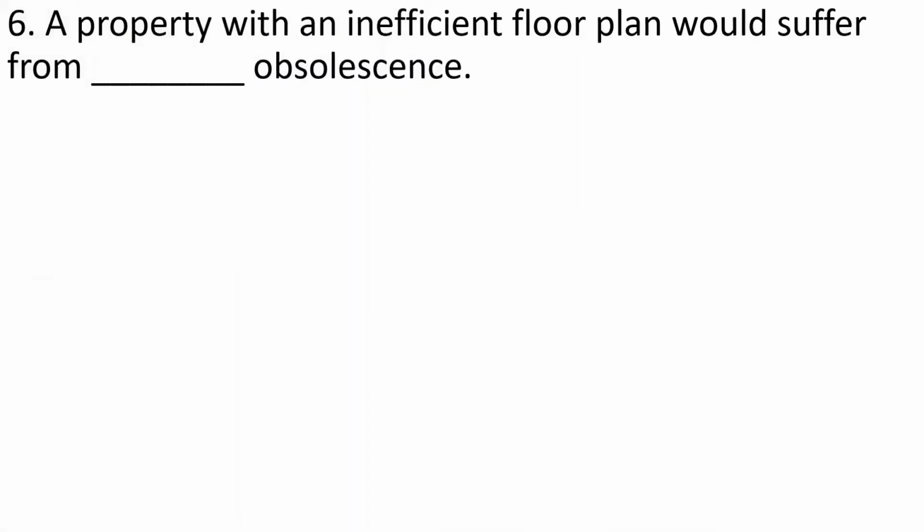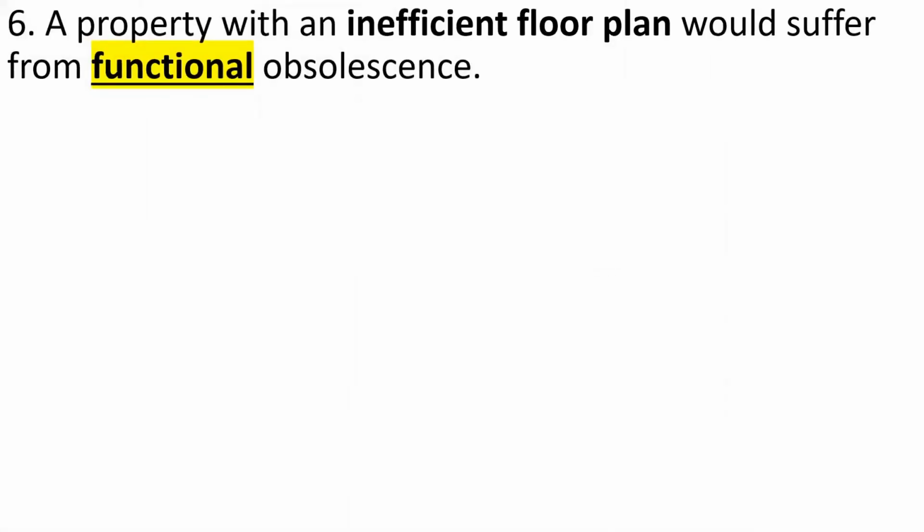Number six, a property with an inefficient floor plan would suffer from blank obsolescence. That would be functional obsolescence. An inefficient floor plan is, for example, a property with 5 bedrooms and 1 bath. Back in the 40s, 50s, that might have been perfectly fine because of the lifestyle people had back then.